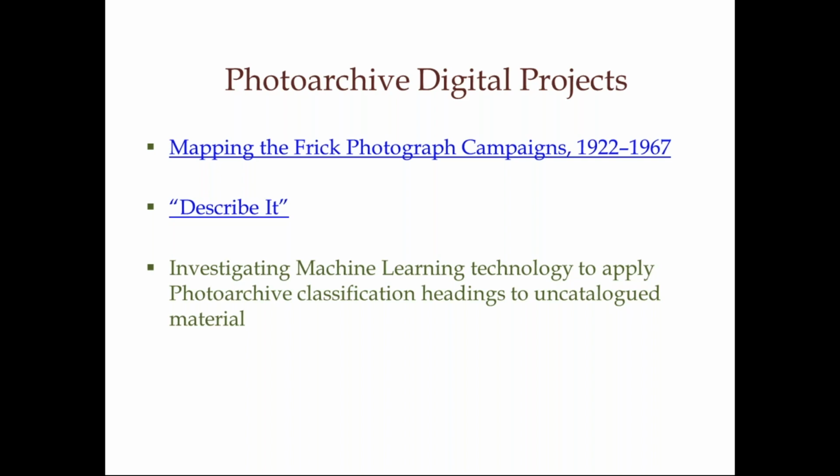Sarah mentioned that the Photoarchive sent photographers throughout the United States from 1922 to 1967 to photograph works of art in private collections. And we are currently creating an interactive map that will show down to the city level where these images were taken in the 45 years of the campaigns.